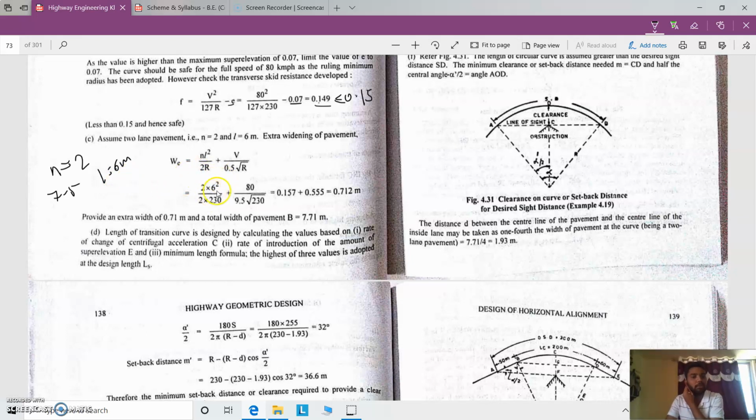So n l square divided by 2 R, with R already calculated as 230, plus v divided by 9.5 root R, with 80 as the speed considered, and you will get 0.712 meters. The total width of the pavement will be 3.5 plus 3.5 for two lanes, that is 7, plus 0.712, that is 7.71 meters.